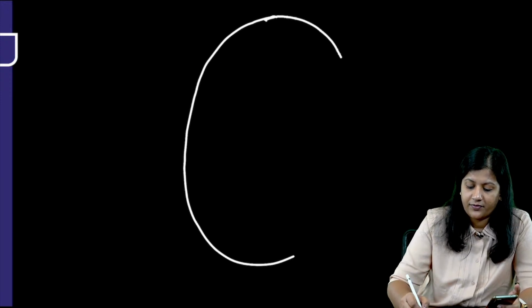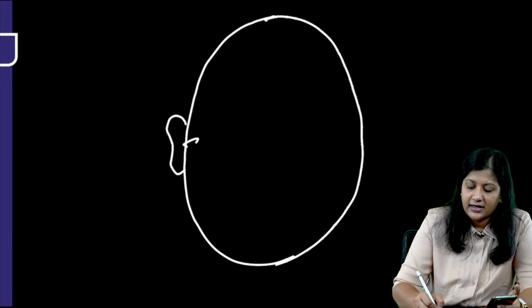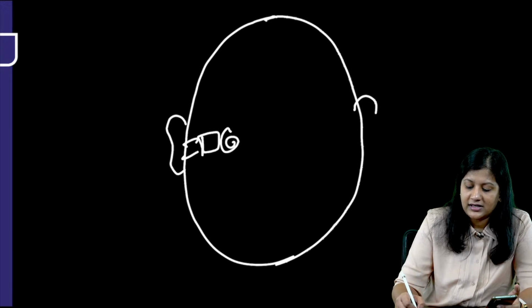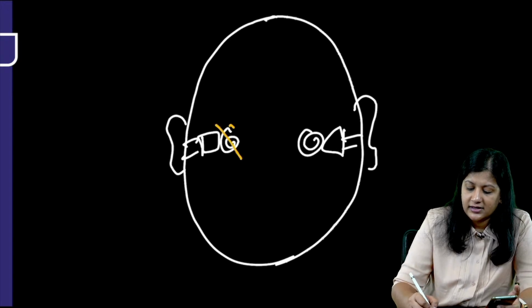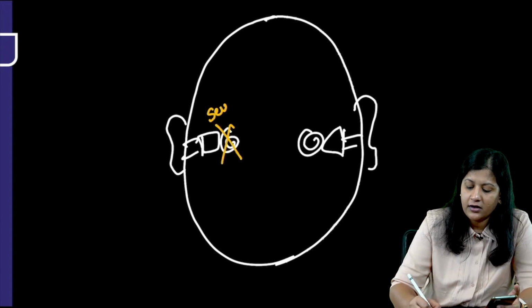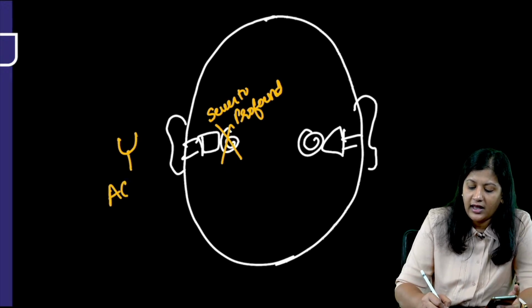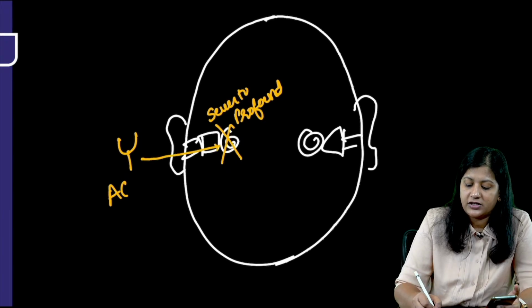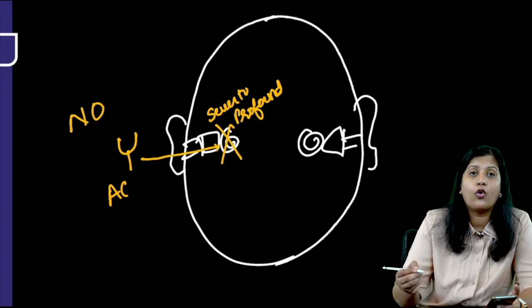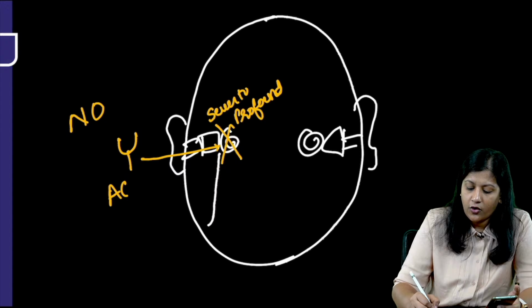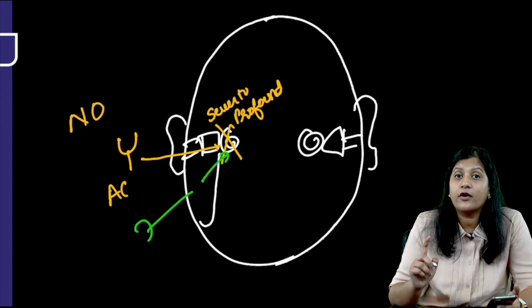Why? Now normally, what happens if there is a patient having a right-sided severe to profound sensory neural hearing loss? This is severe to profound, meaning there is more than 70 to 90 decibel loss. So if you keep a tuning fork in the air conduction route, will the patient hear the sound? No. Now you put the tuning fork on the bone. Will the patient hear the sound? No, not from that cochlea.